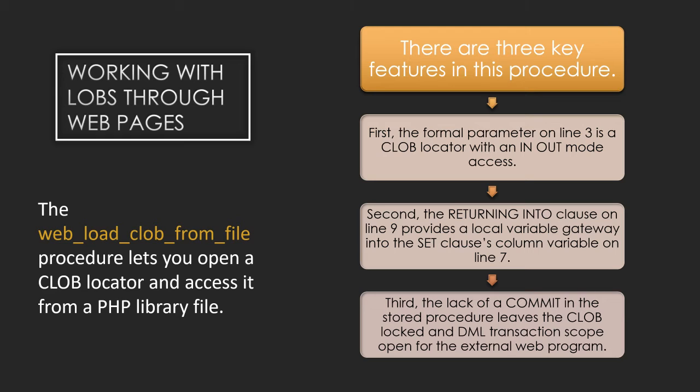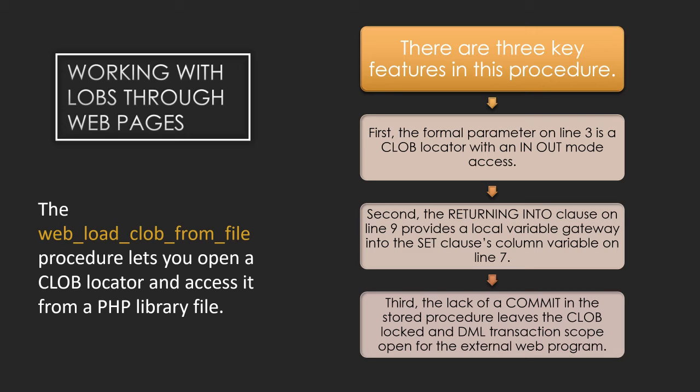Working with LOBs through web pages, you've got to open the CLOB locator and access it from a PHP library file. In this case, the example in the book was done with PHP, so that's why we're talking about it. You've got to get a CLOB locator with an in and out mode access.